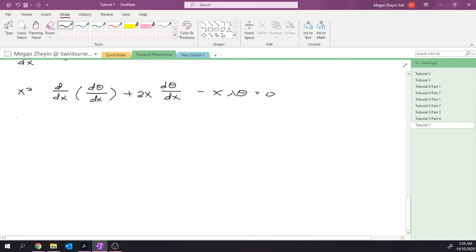So we get z over lambda squared. This is what we have set here.